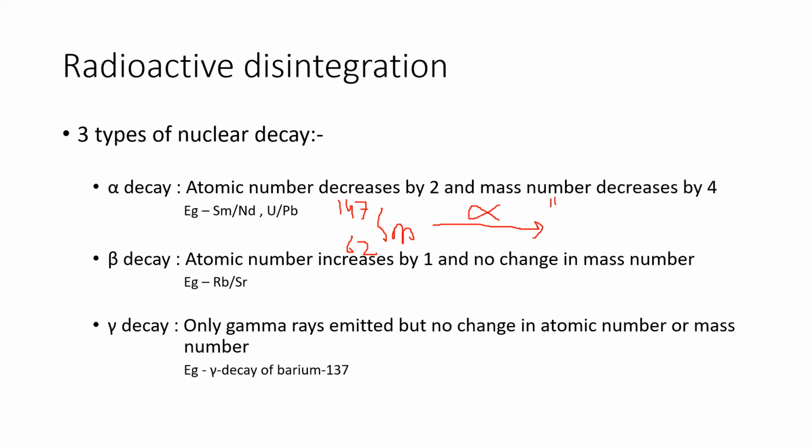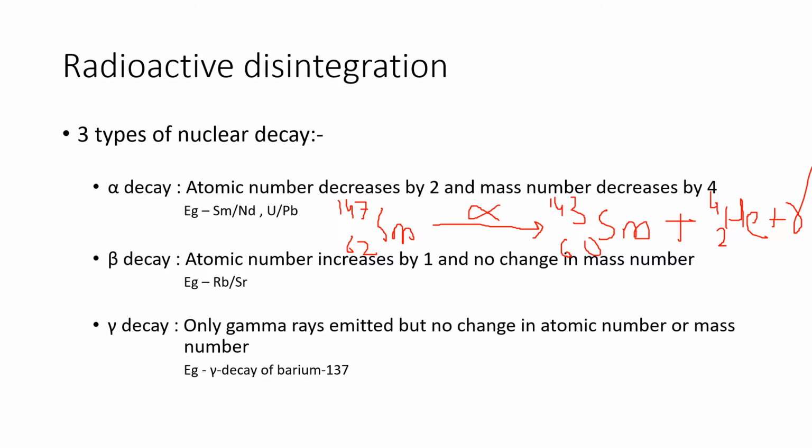So mass number will become 143 and similarly atomic number will become 60, okay. And then a helium particle, or an alpha particle of 4 atomic mass and 2 atomic number will be ejected along with some gamma radiation.